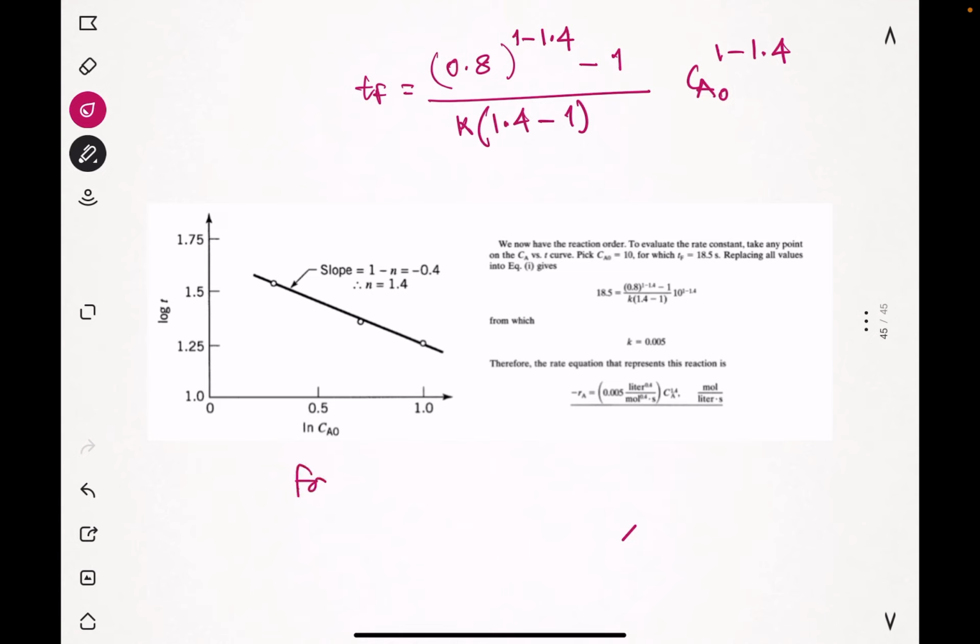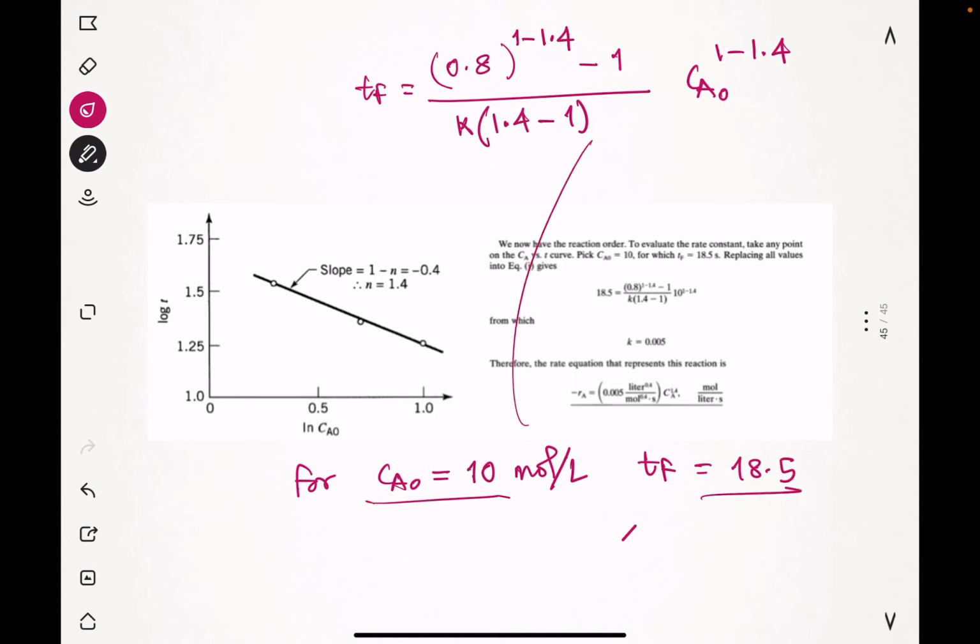For Ca0 equals 10 mole per liter, our Tf was 18.5. If we put these numbers in this equation, then we have only one unknown in the entire equation, which will give us the value of k. So what is the unit of this k? Very important.